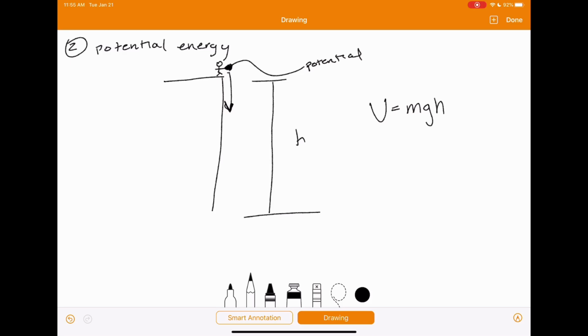All right, so if we had a 1 kilogram object and this was 1 meter, our potential energy would be 1 kilogram times gravity, 9.81 meters per second squared, times 1 meter. We would get 9.81 joules of potential energy.